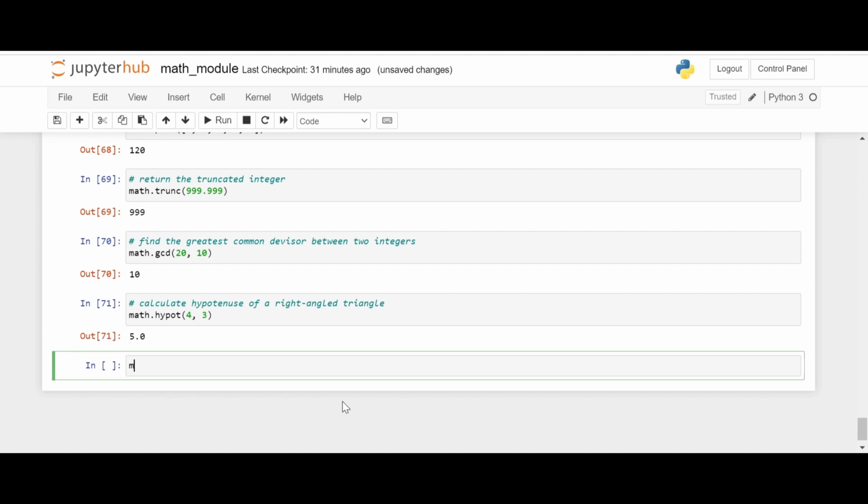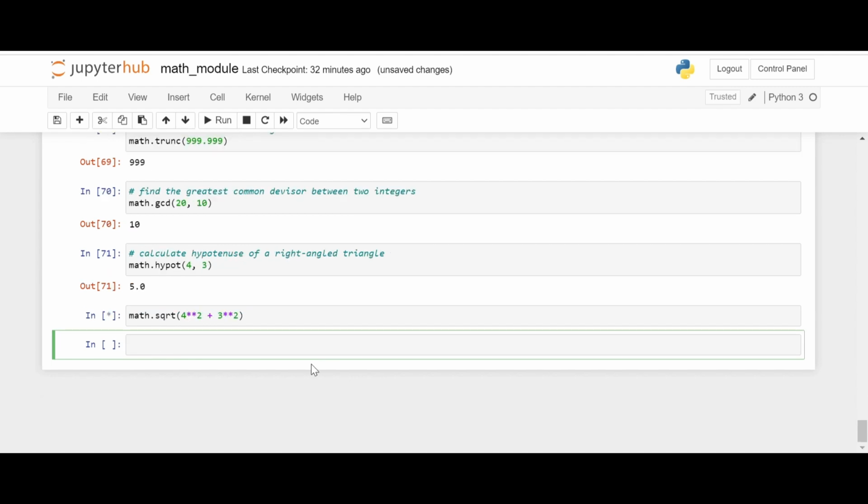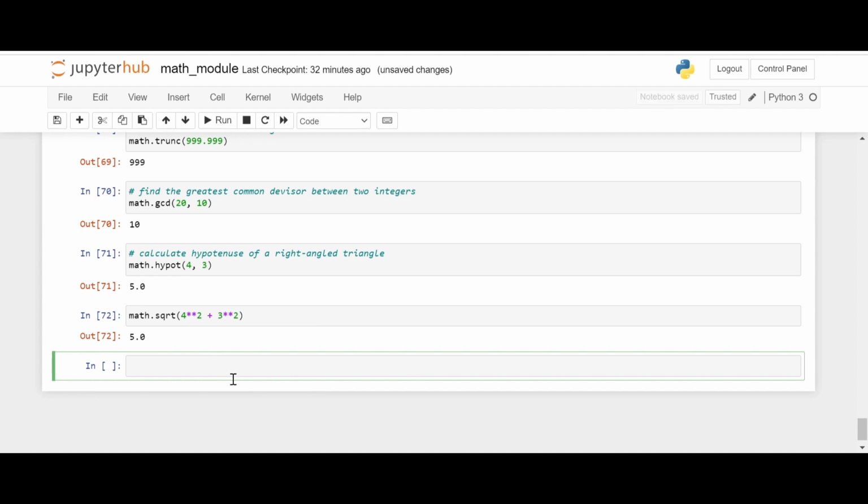So this is basically the Pythagoras theorem, I guess. So this is more like height square plus base square, and we have to take the square root of this, so we get 5.